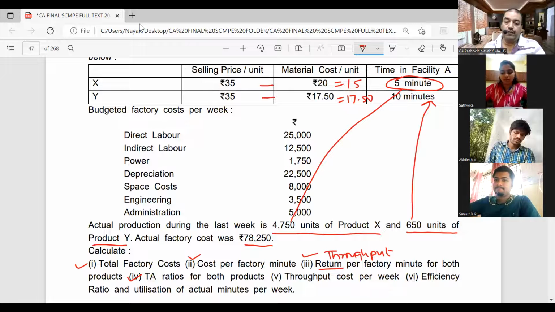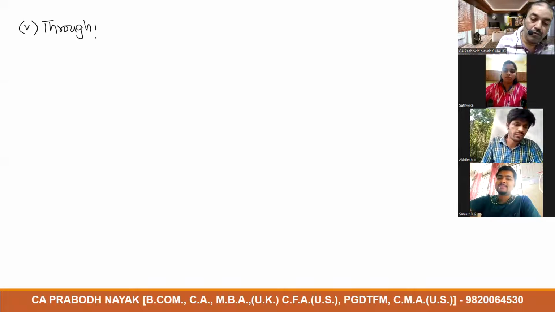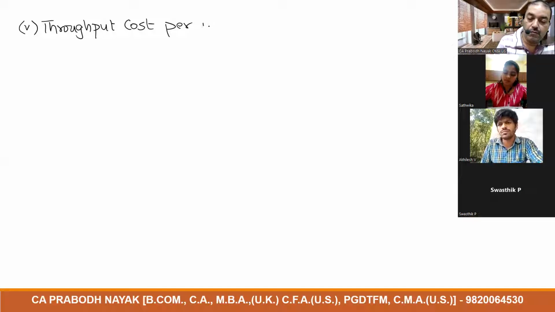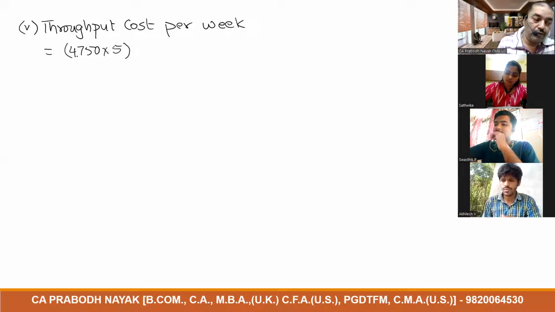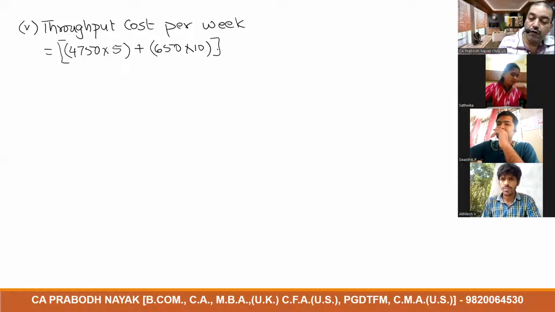Okay, so let us do this. Throughput cost per week is equal to 4,750 units into 5 minutes per unit plus 650 units into 10 minutes per unit. This multiplied by the cost 2.5 per minute.